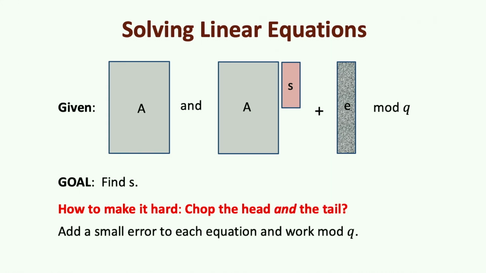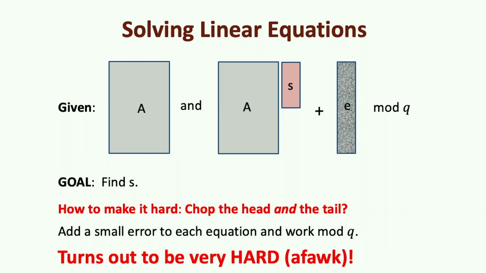But it turns out that if you do both, if you add a small error, namely chop the tail, and work modulo q, namely chop the head, this problem turns out to be very hard. As far as we know, of course. Complexity theory can't prove anything, right?